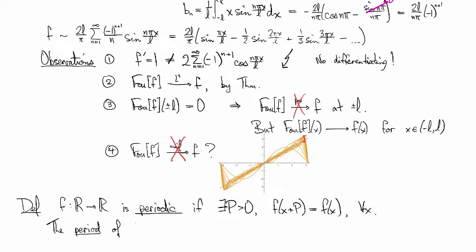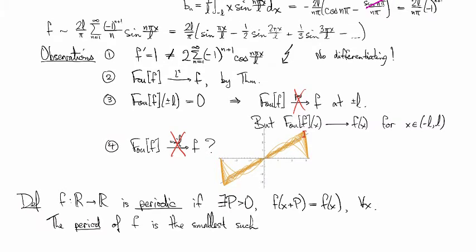And so then the period of f is the smallest such number p, right? So we say that sine and cosine are 2 pi periodic functions. We don't say that they're 4 pi or 6 pi periodic functions, even though if you shifted them by that amount, their graphs would match, right?